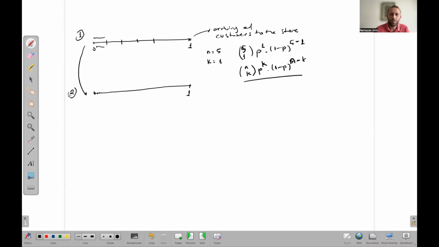Simply, n goes to infinity, because n corresponds to the number of time buckets, and in the continuous case we have infinite time buckets. So I can approximate the general form of the binomial distribution by calculating the limit of n choose k times p to the k times 1 minus p to the n minus k, as n goes to infinity.